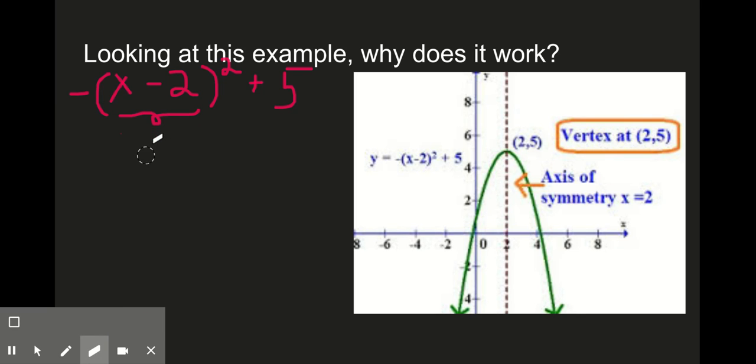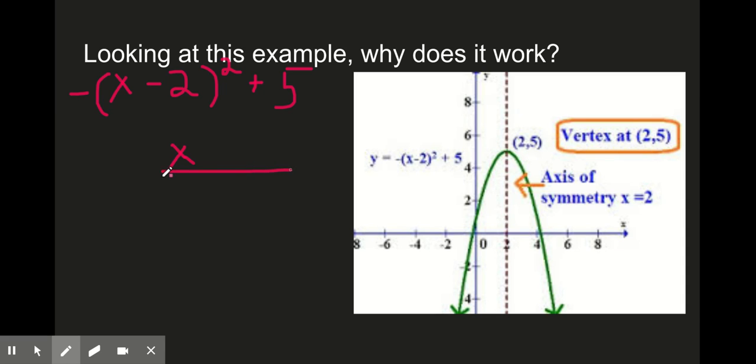So if I think about setting it up like the XY chart that we've been doing with standard form, right, where I'm looking to track my inputs and my outputs, and we put the vertex in the middle.